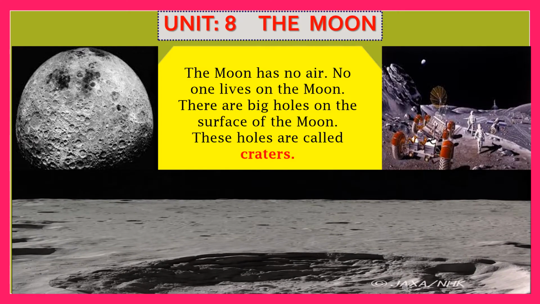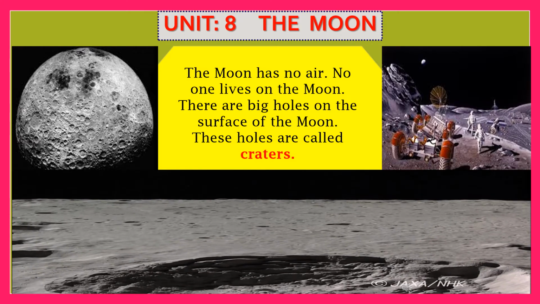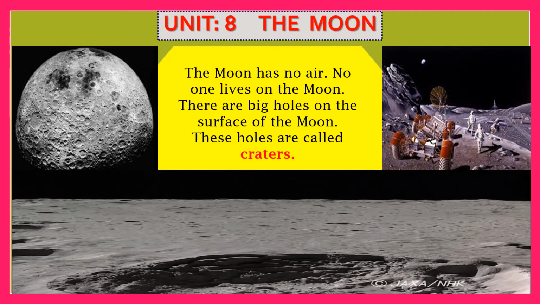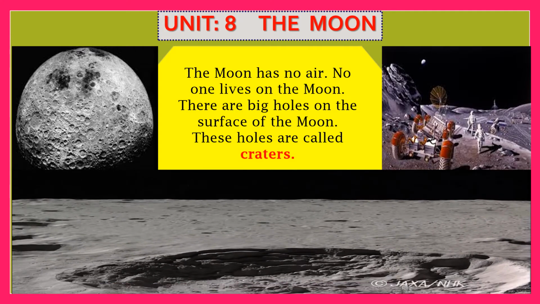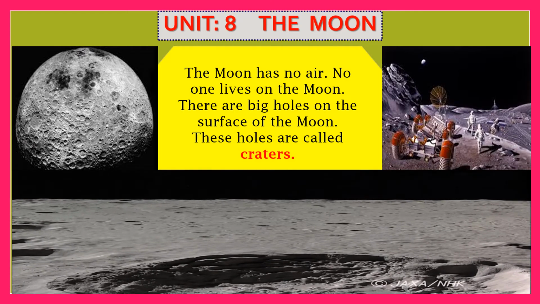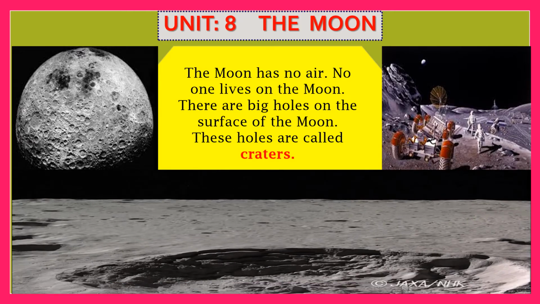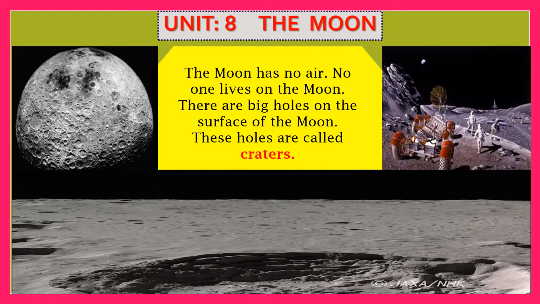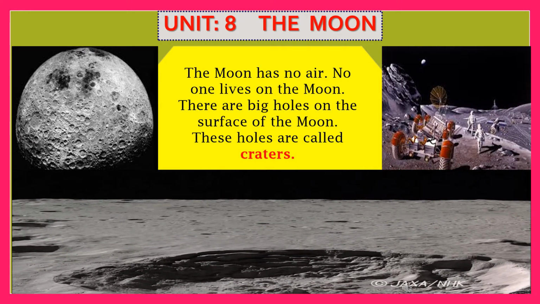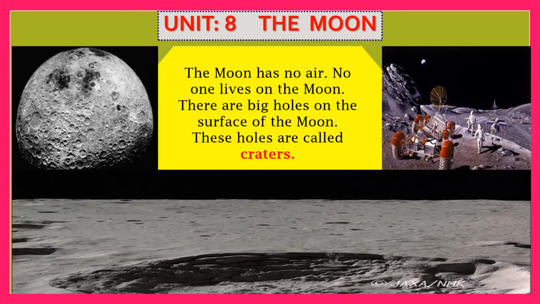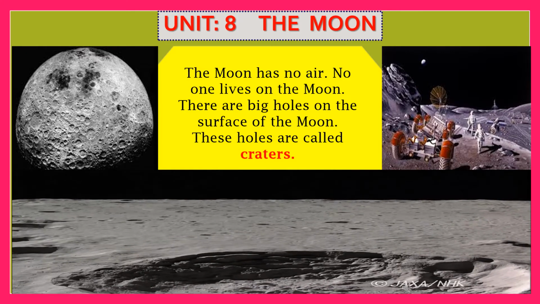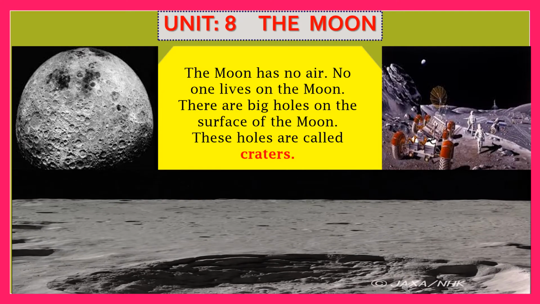So when he came back, he told us that the surface of the moon is rough. It has mountains, it has flat plains, it has big holes on its surface. There is no air on the moon, there is no one living on the moon, and these are all the facts that he told us when he came back.